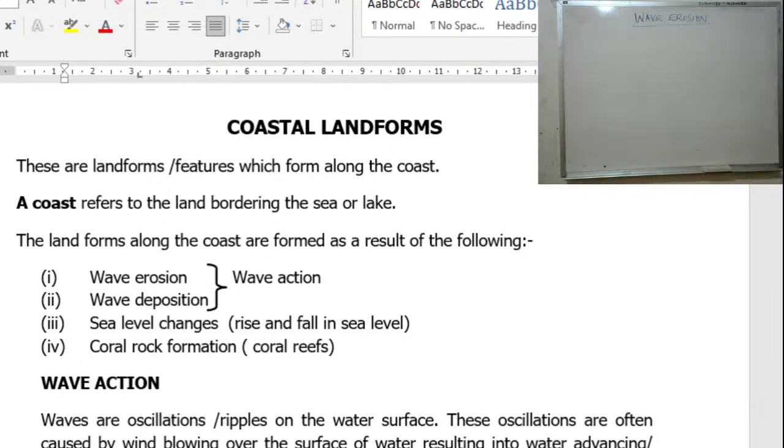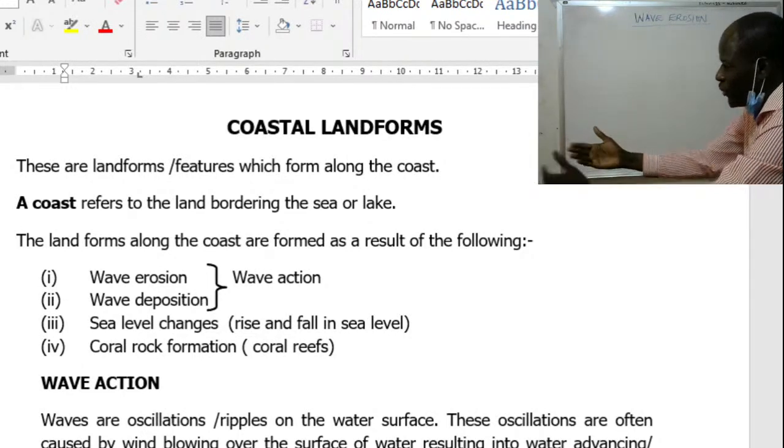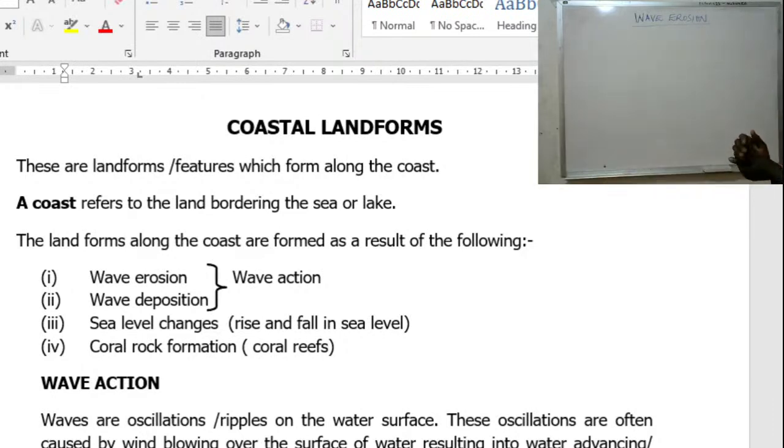As I've earlier mentioned, as the water moves towards the coast, that water is going nowhere. The moment it gets to the coast, that land bordering the ocean or the lake, it hits or knocks on that land and then goes back into the sea.